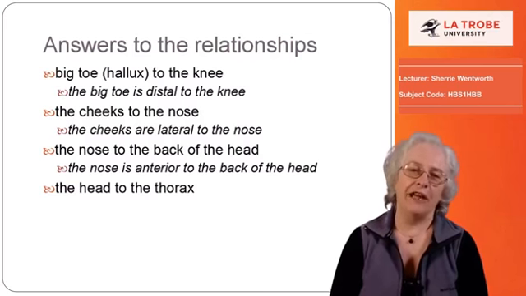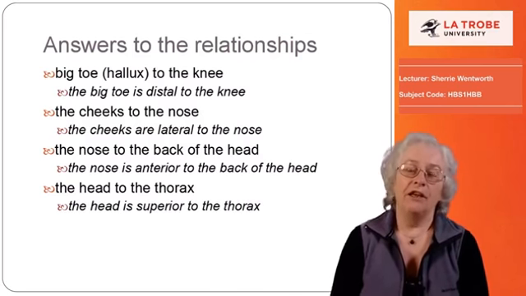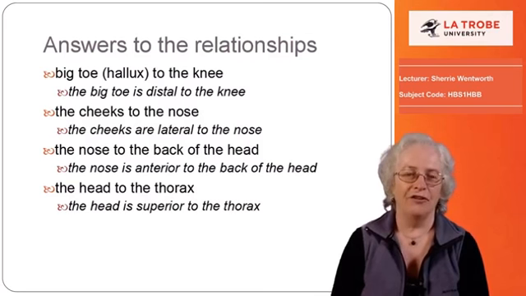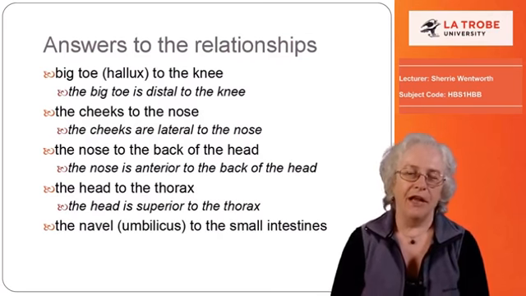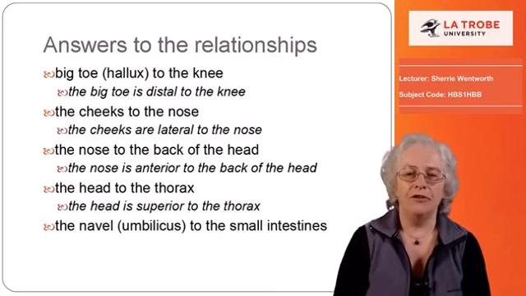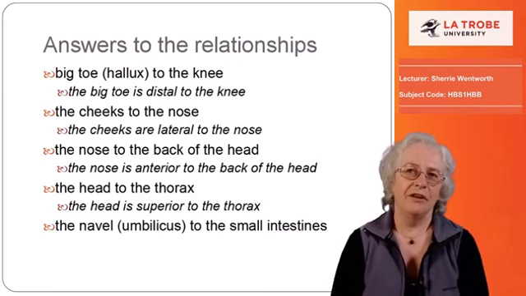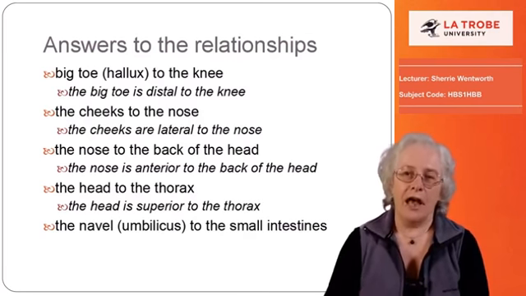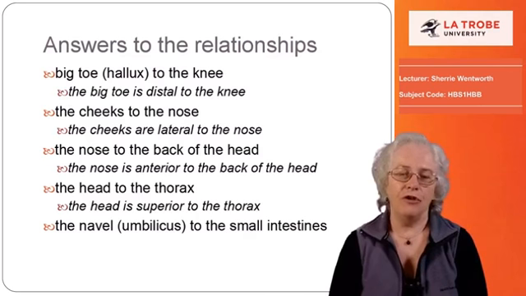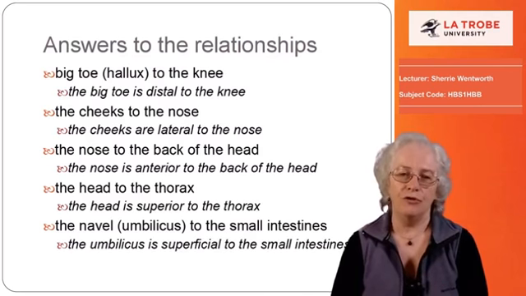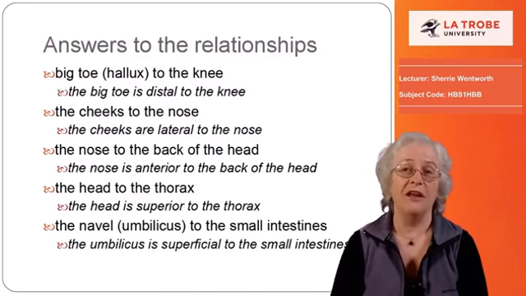The head to the thorax. The head is superior to the thorax. The navel, or the umbilicus, to the small intestines. The navel is outside of the body on the superficial surface, so the navel is superficial to the small intestines, which are down deep.